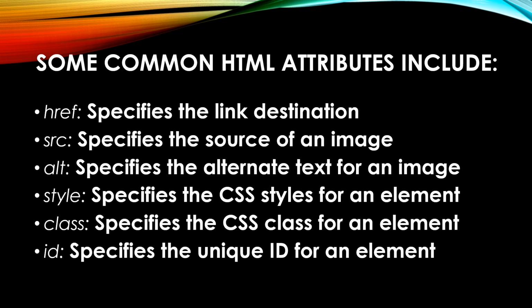And then the class specifies the CSS class for an element. So an example of a class is header, navigation, list. They are all classes. And then the ID specifies the unique ID for an element.